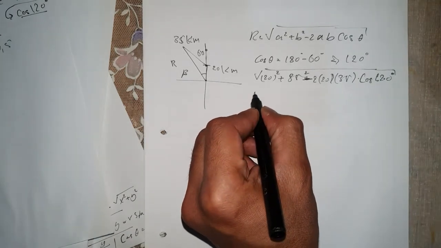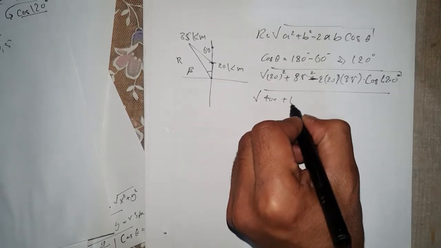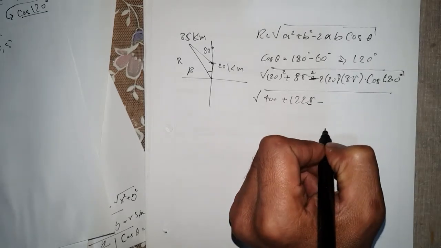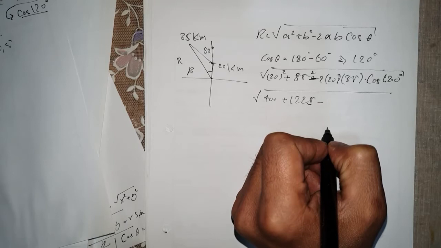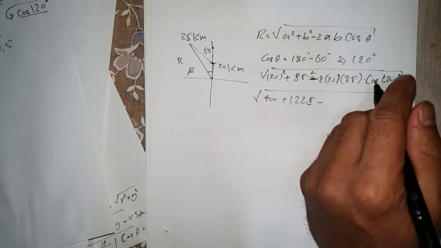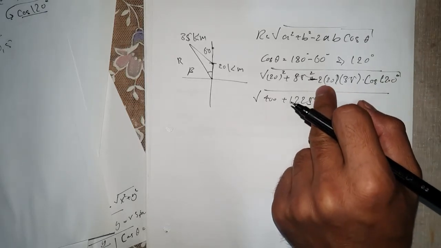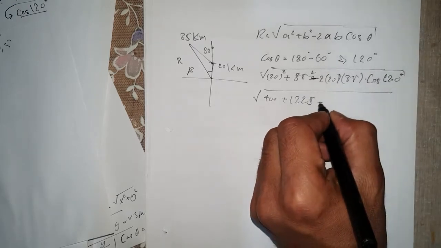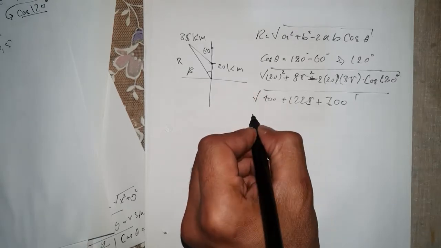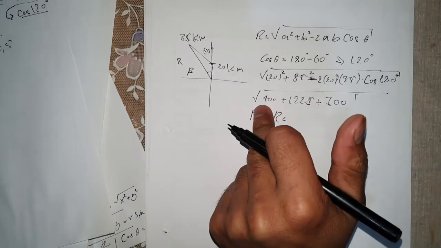When we square these things we get 400 plus 1225 minus. Cosine of 120 is minus 0.5, so when we multiply that with 35, 20 and 2 we get 700.